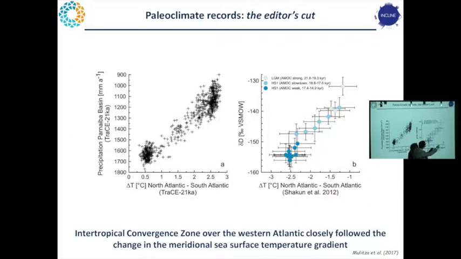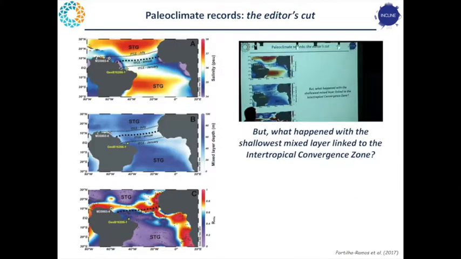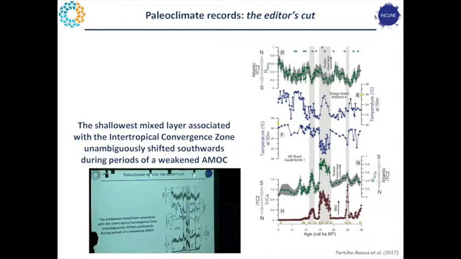As we go from the LGM in the light blue here to the dark blue, we see an increase in precipitation, and we see accordingly a change in the sea surface temperature gradient in the Atlantic. All right, but we have seen other features, as I mentioned to you before. For instance, the stratification of the upper water column.